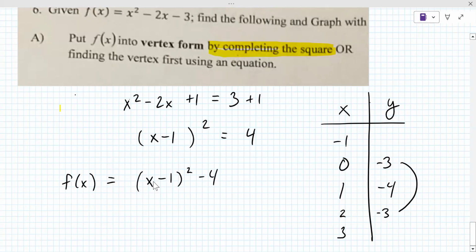Maybe one stands out to you. 0. Yeah. And then the other one is also 0.